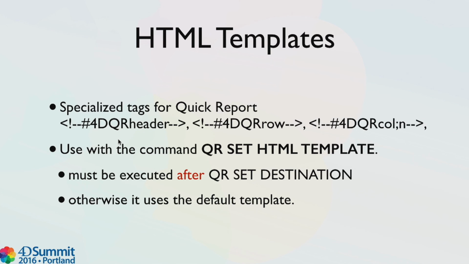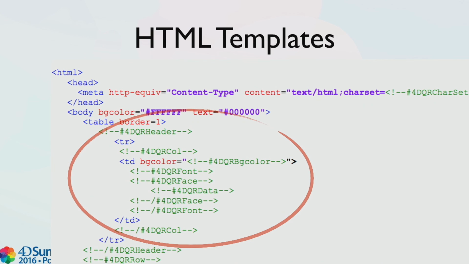You will see that. So this is how the standard template of quick report looks like. And those that appear in green are the special tags for quick report. So you can move them around, and around it, you can put anything that you want to set your style.